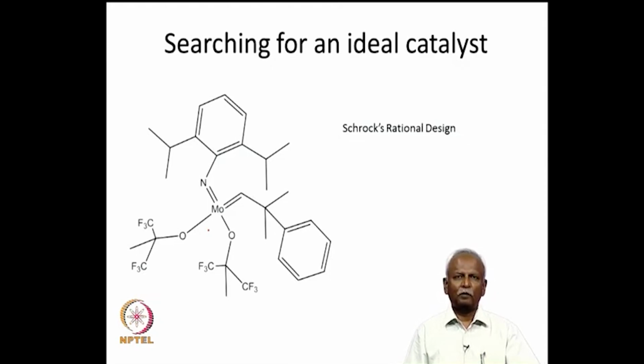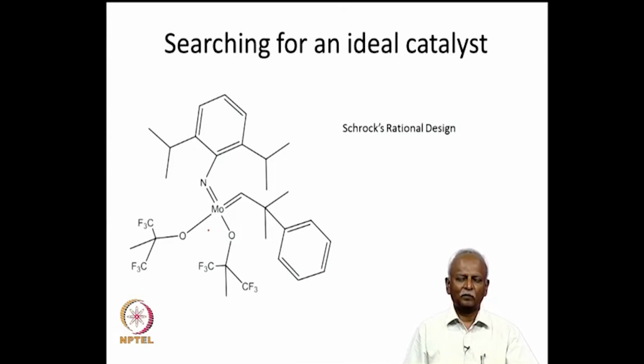If you remember, the metathesis catalysts that were initially designed, that were known in the patents, were all early transition metal oxides or chlorides, which were activated with an alkylating agent, either a tin R4 compound or an AlR3 compound, something that would alkylate the early transition metal. So, Schrock's design is quite natural.